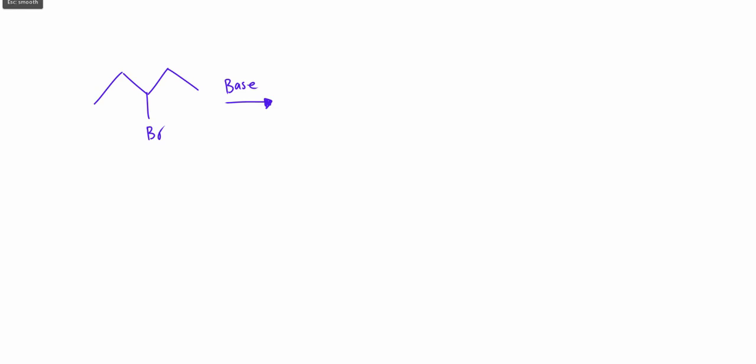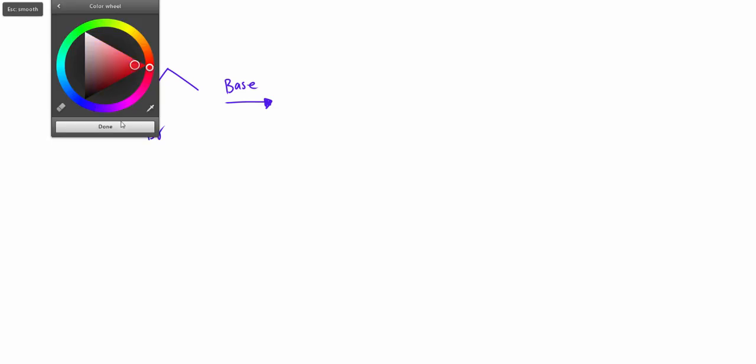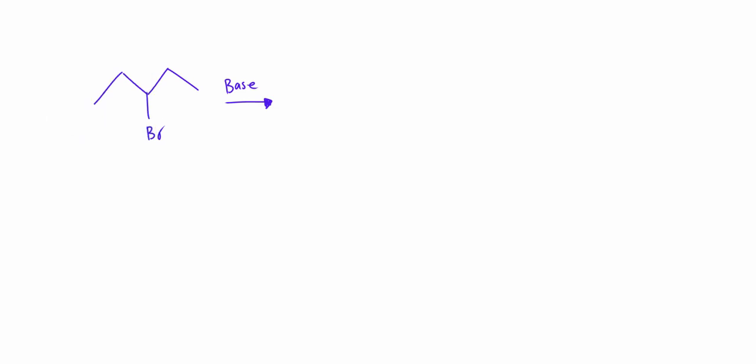What we want to do is identify what carbon is attached to the halogen and label that alpha, and then label the beta carbons. So each one of these hydrogens are beta hydrogens that are attached to the beta carbons.